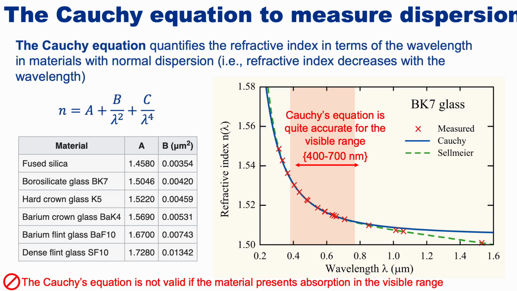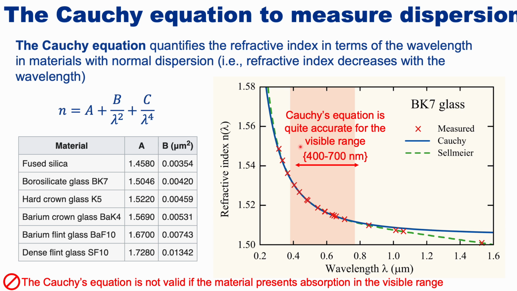The other approach to quantify the dispersion is the Cauchy equation. The Cauchy equation expresses the refractive index in terms of the wavelength, and for every material we need to identify the constants A, B, and C that usually are well calibrated and are always in a table.